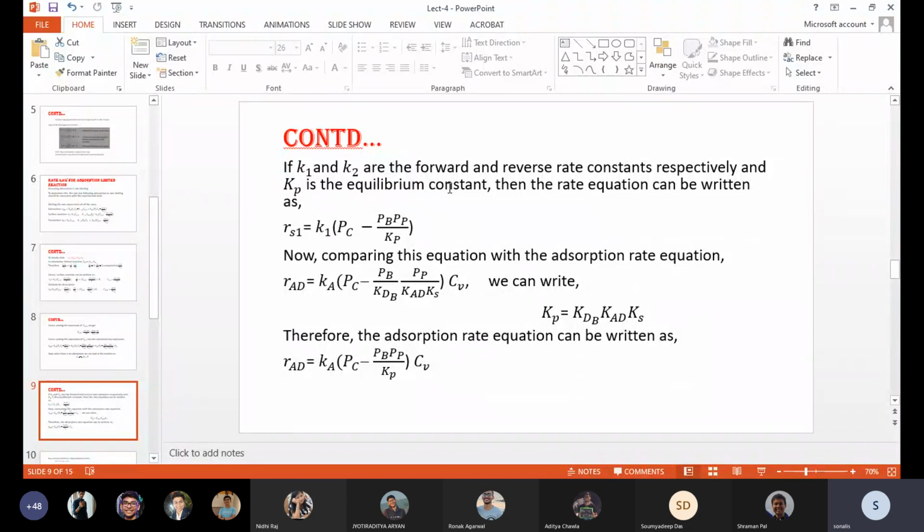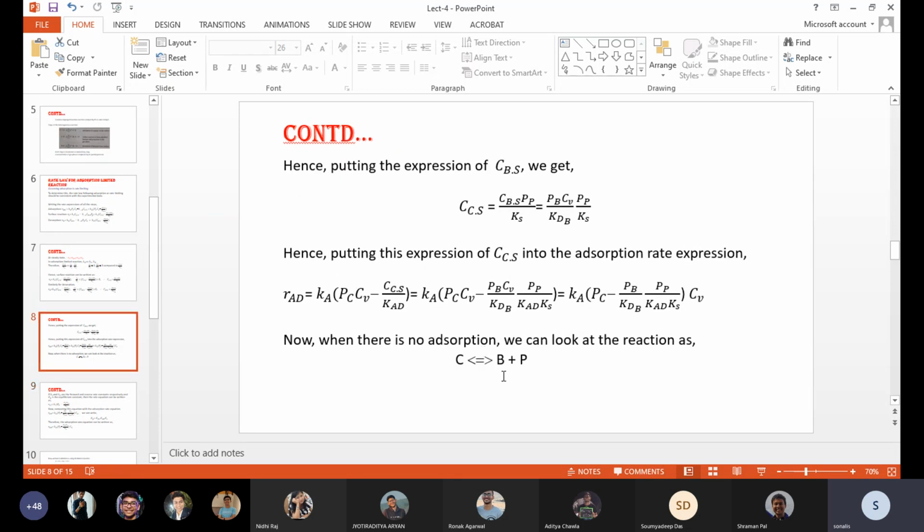Then Kp is the equilibrium constant, that is K1 by K2 for that non-catalytic gas phase reaction. We can write RS1, the rate of the reaction, is K1 into Pc minus Pb Pp by Kp. Look here, actually this forward rate is small k1 into Pc, and reverse rate is k2 into Pb Pp.